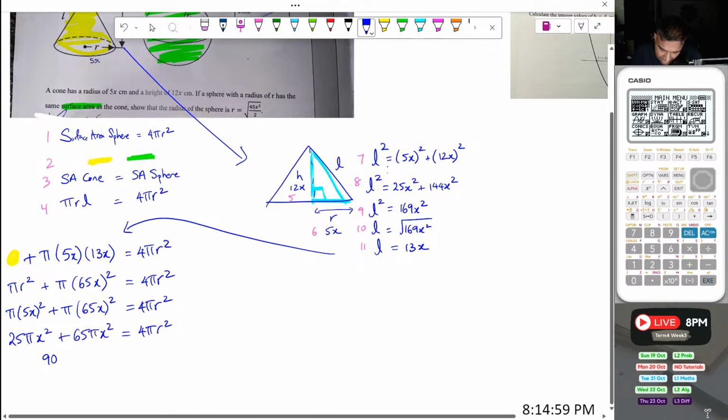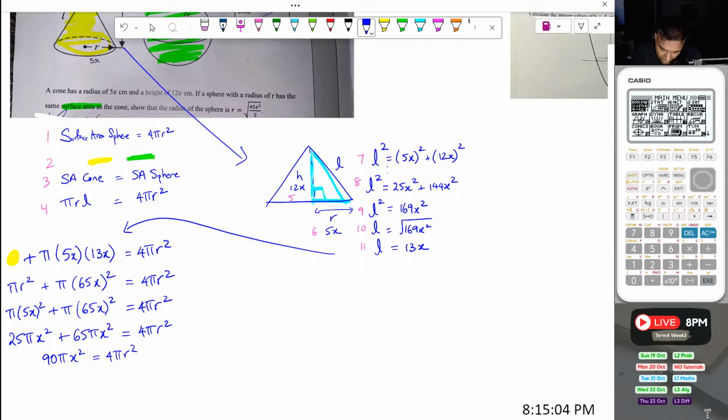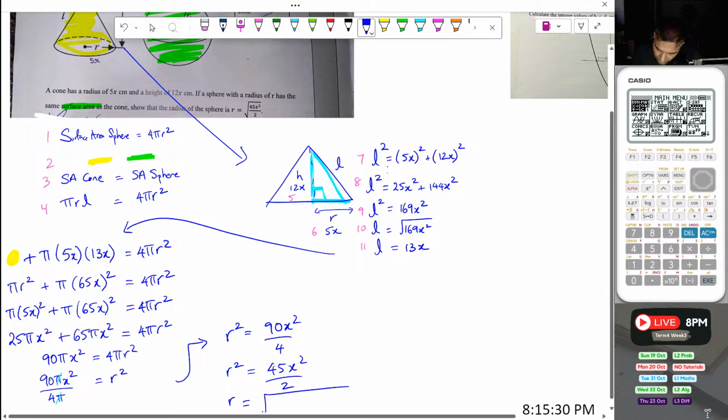So we've got 90 pi x squared equals 4 pi r squared, and then r squared is equal to 90 pi x squared divided by 4 pi. The pi's cancel each other out, and we end up with r squared equal to 90x squared over 4. So r squared is equal to 45x squared over 2, and then r is equal to the square root of that.